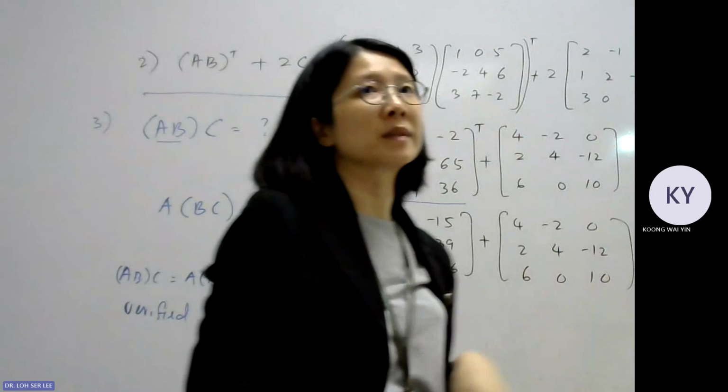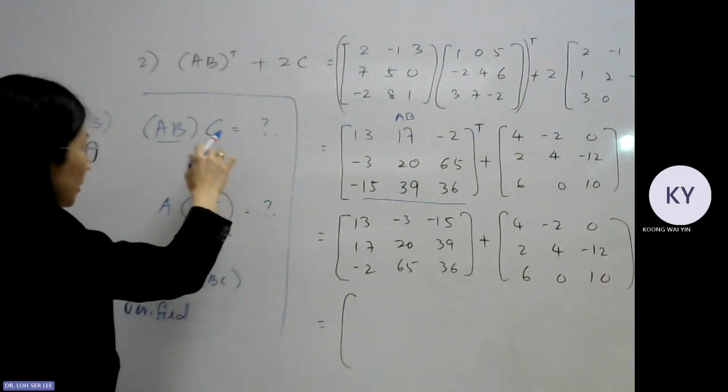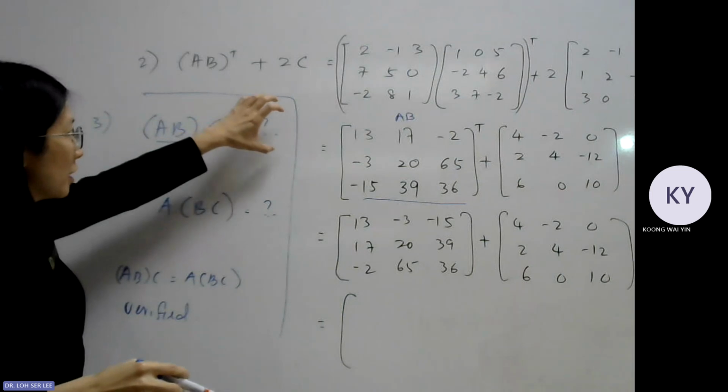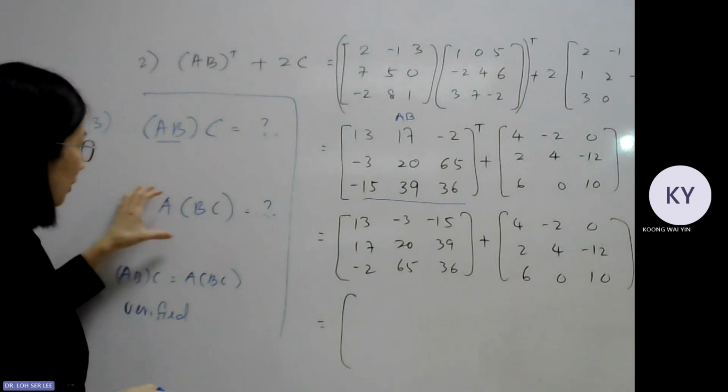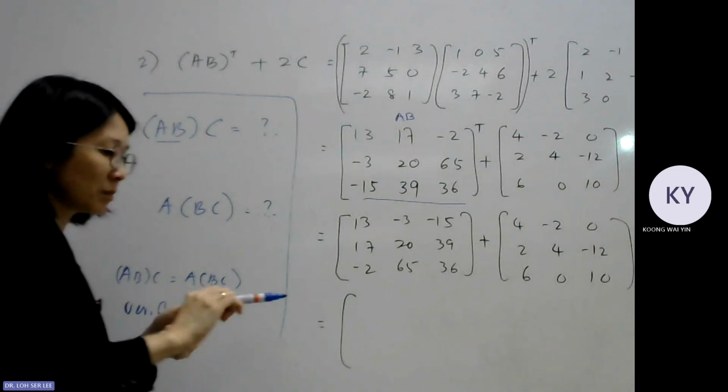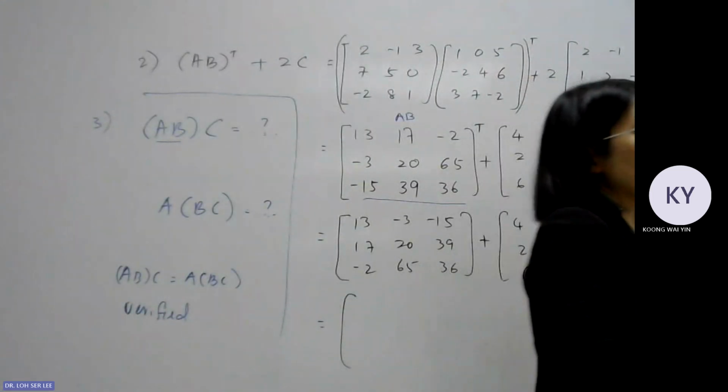You just take the BC from there, then compute them separately. Compute this one first and get a matrix, then get the other matrix, and at the end you see that they are equal to each other.